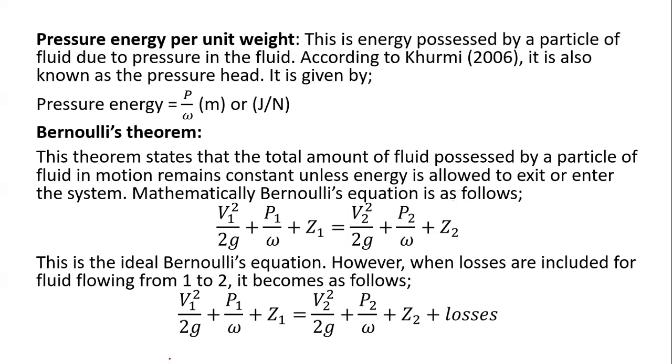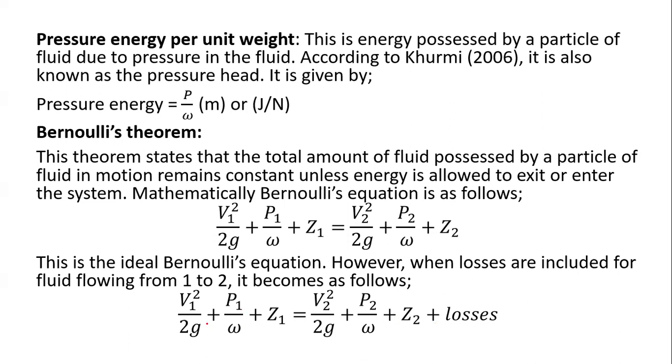Now, if you have to write the equation the way things happen in practice, because this is the ideal equation, the practical equation of Bernoulli's has to take care of the losses.